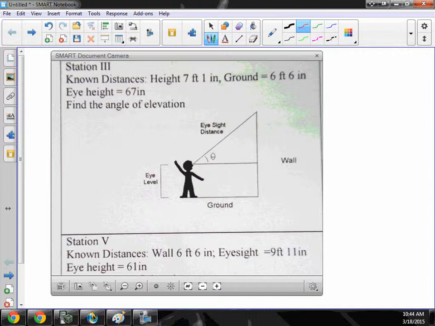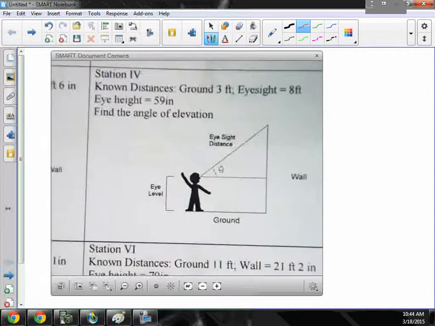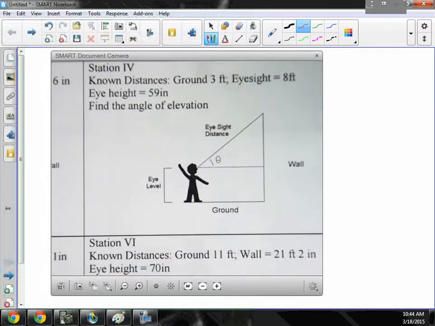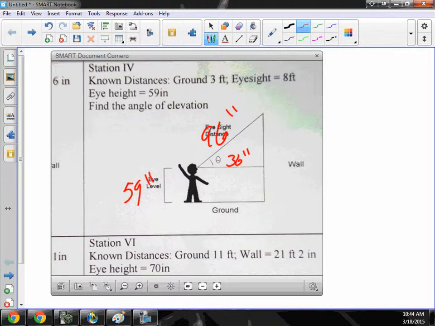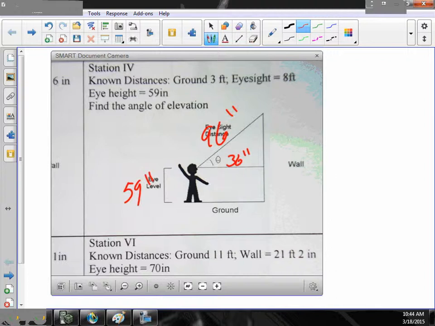All right, one more, then you're on your own. Station 4. Ground is 3 feet, which is 36 inches. Eyesight is 8 feet, which is 96 inches. And the eye height is 59 inches. Do you notice something different about this particular problem?